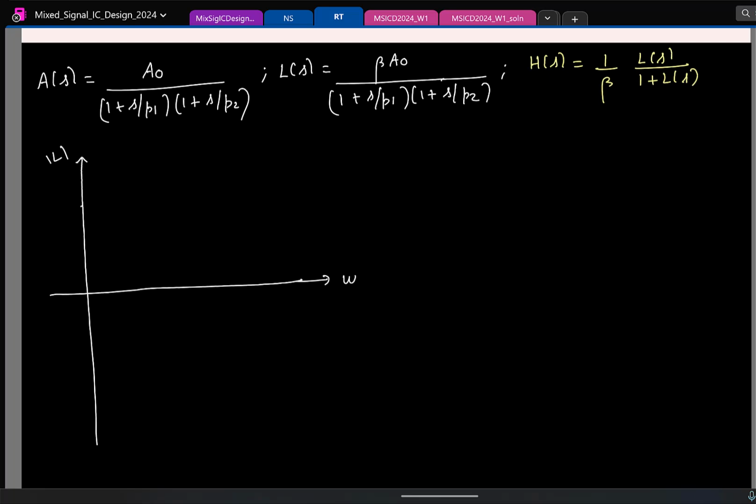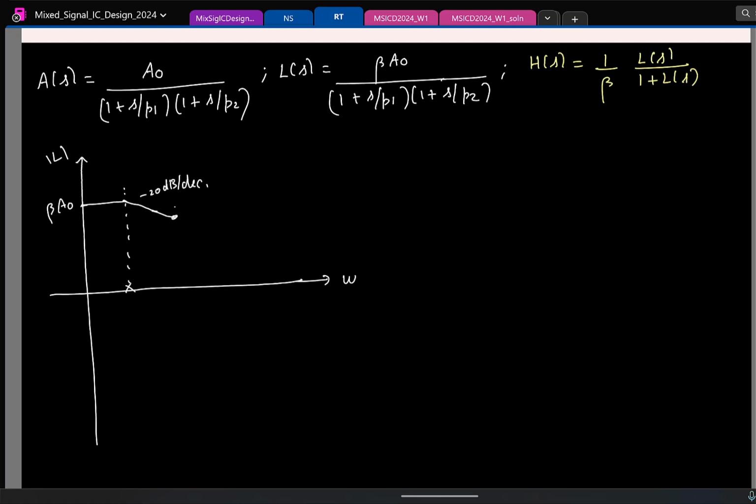So it's going to start with what value? At DC, what is the value? Beta A naught. And let us say the first pole is somewhere here, randomly choosing something. What will be the slope once it encounters one pole? Minus 20 dB per decade.